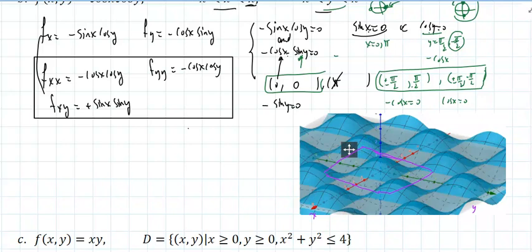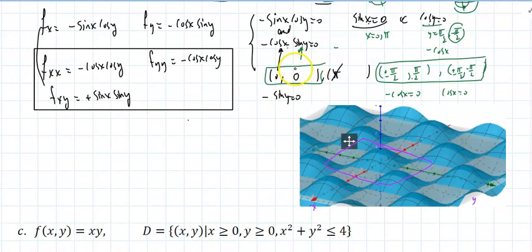And do you notice what's happening? I got 0, 0. Do you see 0, 0? I got pi over 2 for x, positive, and pi over 2 for y. Right there.